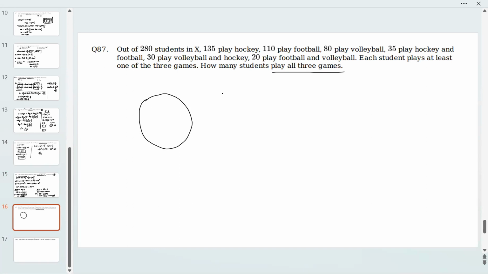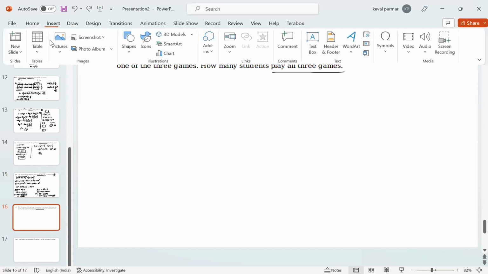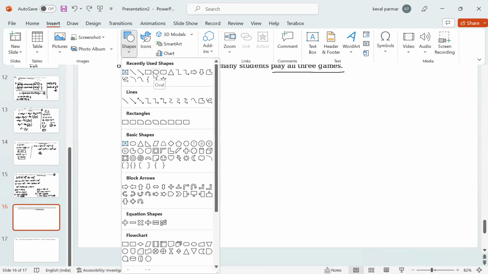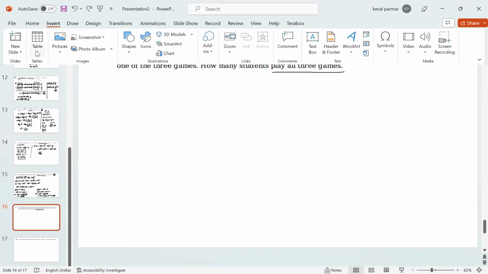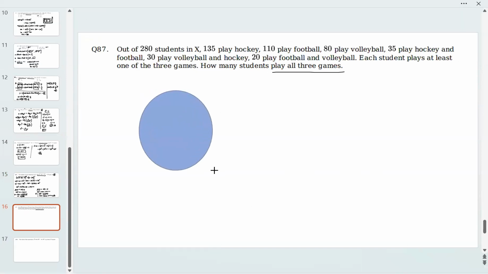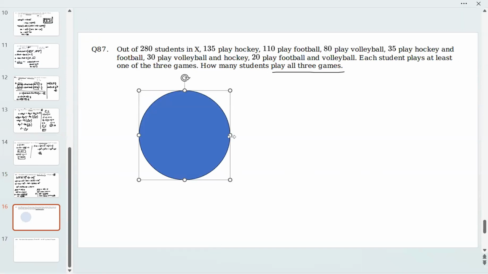Hockey. Okay, let me just make good circles. Is this a circle? It's an oval. Okay, we'll use this. We need three circles.